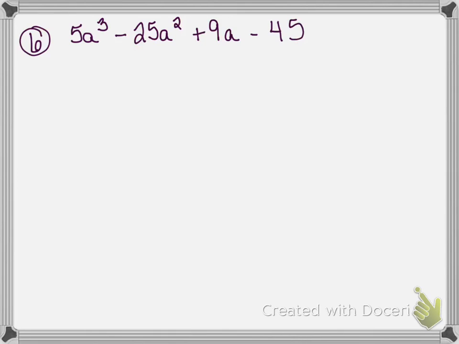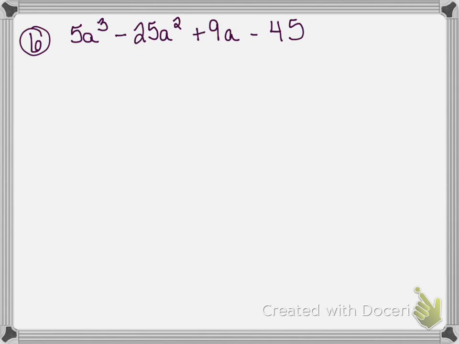Okay. Number 6. And now the directions say factor. Okay? So I have 5a to the third minus 25a squared plus 9a minus 45.